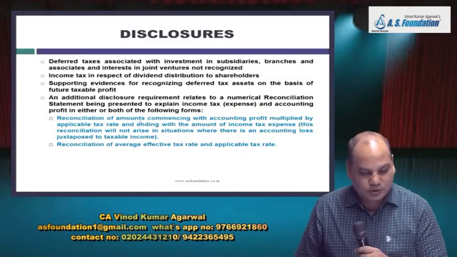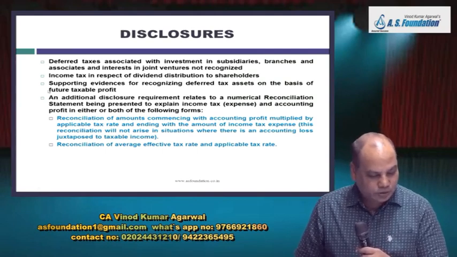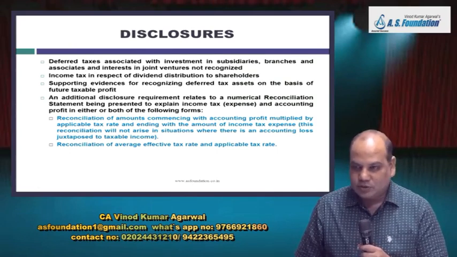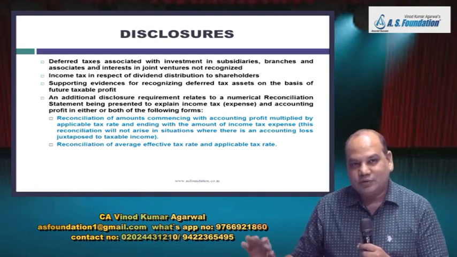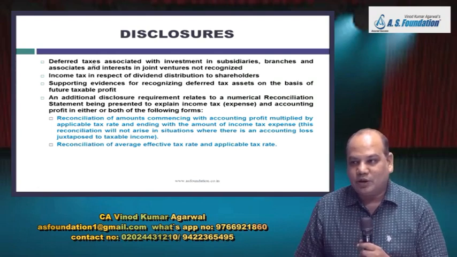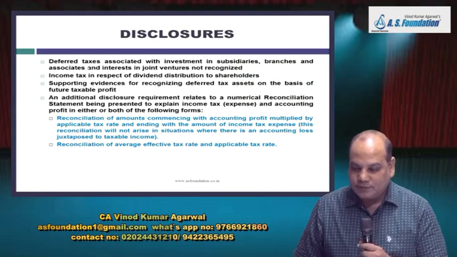We have learned the business combination chapter, and in this chapter also we went into sufficient detail on disclosures. For business combination, DTA, DTL on goodwill is not to be recognized. In case of DTA on goodwill, how to do the calculation, that also I have told you. Is it right? Next paragraph.